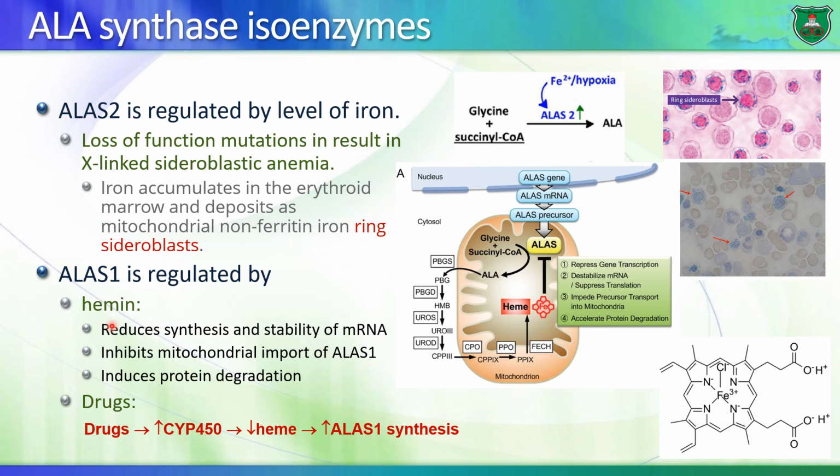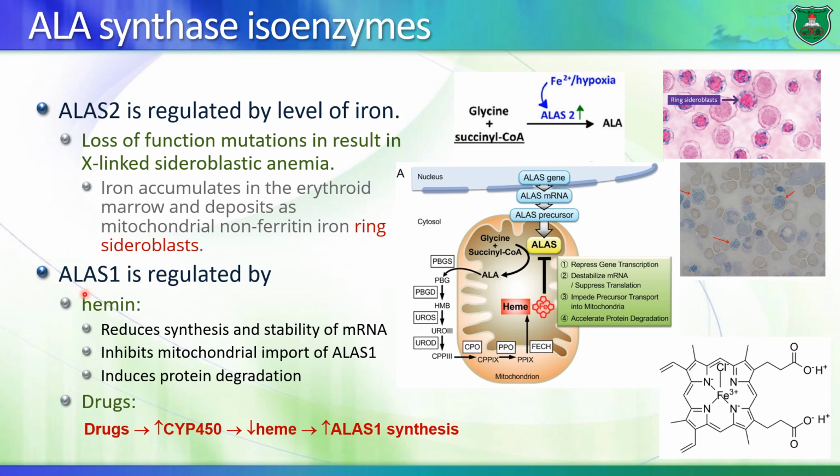Now, what heme does is four things. It regulates ALA synthesis by four mechanisms. It reduces transcription of the enzyme, it reduces the stability of the messenger RNA, it inhibits mitochondrial import of ALAS1, and it induces protein degradation as well.